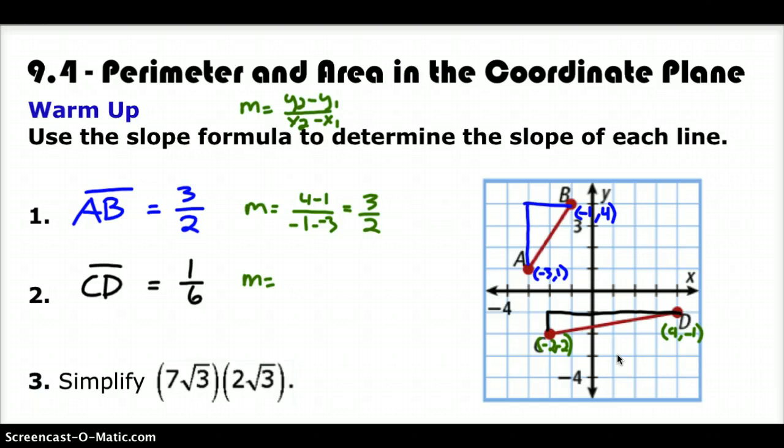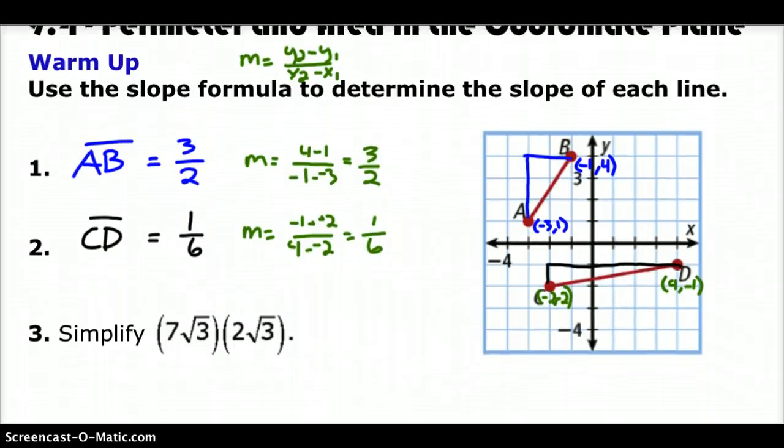I'll do -1 minus -2, and that will be all over 4 minus -2. 1 minus -2, that's just going to give me a +1 here, and then this will give me a 6. So I see that my slope is 1/6. Again, we can do that through the picture, or we can actually use the formula for slope.